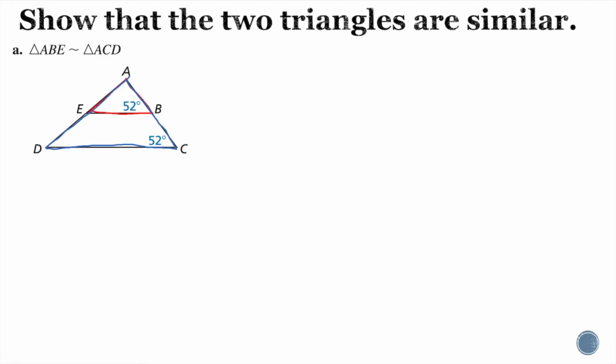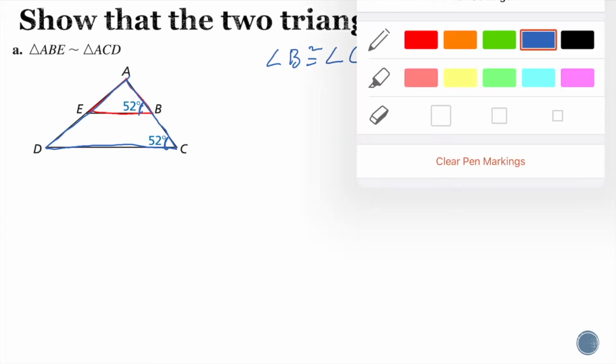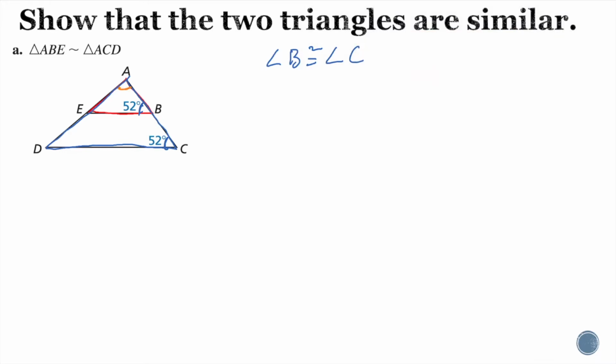And what I want you to notice is that angle B is equal to angle C, or the measure of angle C. So angle B is congruent to angle C, and angle A is congruent to itself.